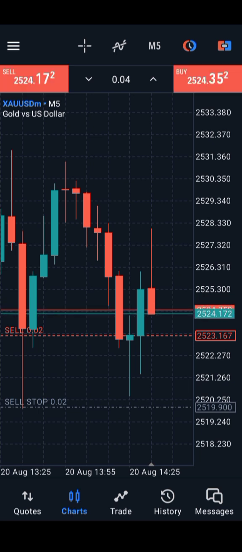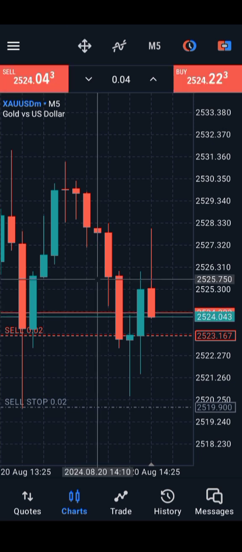I also believe that the price is going to go up a bit, hit my entry, and start going in the direction I'm actually seeing in the market.